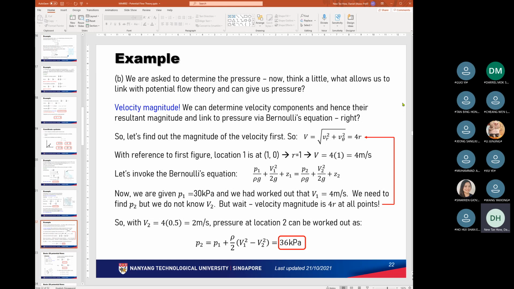So this works out everywhere. That means if I want to find out the velocity magnitude at coordinate (1, 1), then I have to find out what R is associated with (1, 1), which will be square root of 2, correct? Then the velocity there will be 4 times square root of 2.